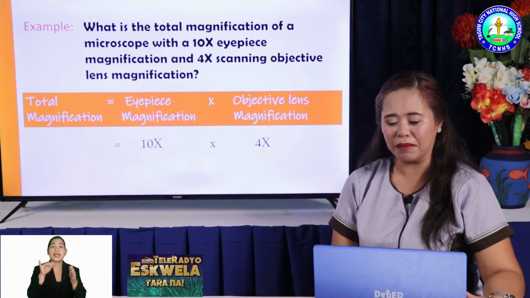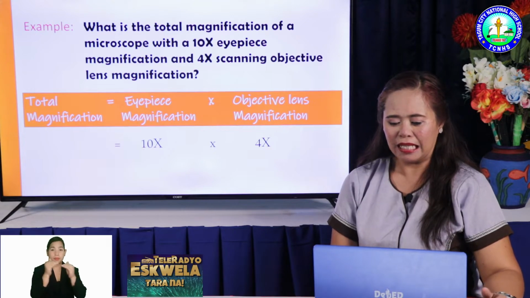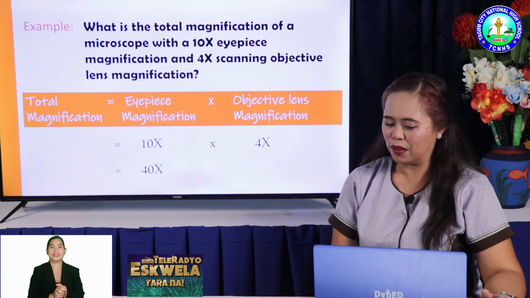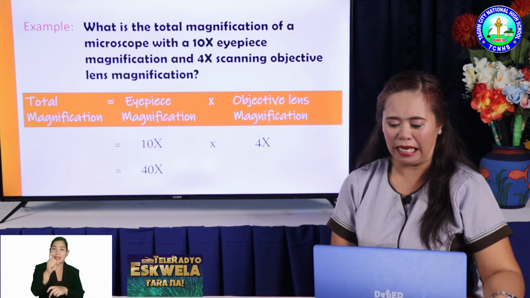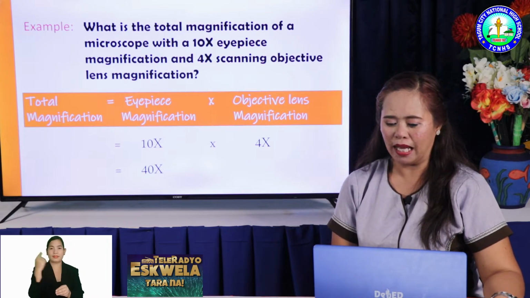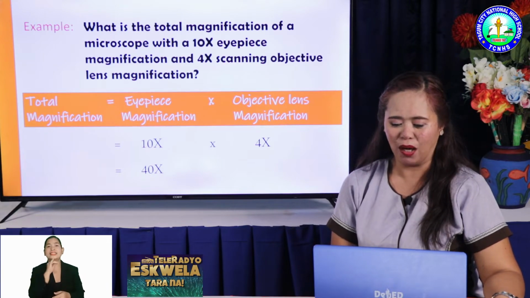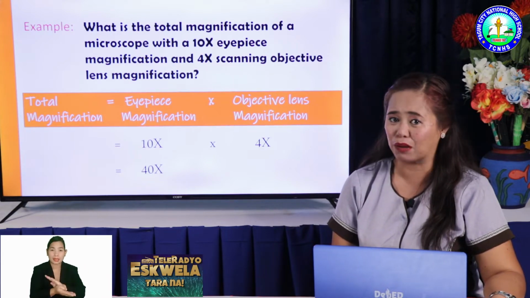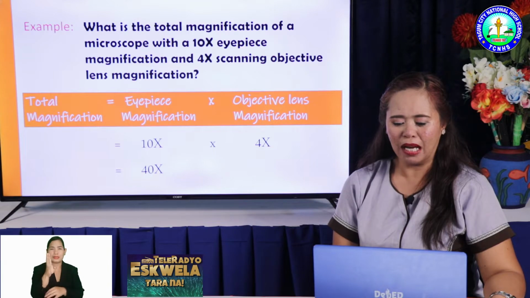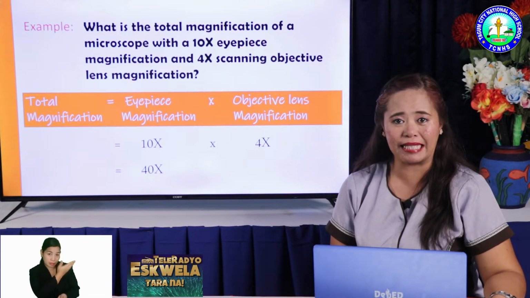So that becomes 10 times 4 equals 40. Typically, you need to add the x symbol to indicate the power of magnification. Therefore, the total magnification is 40x, which means that the image of an object is magnified 40 times its actual size. This time, try to compute the total magnification in the following examples.